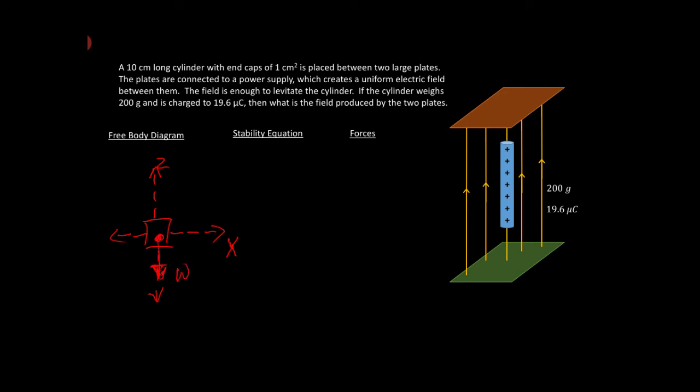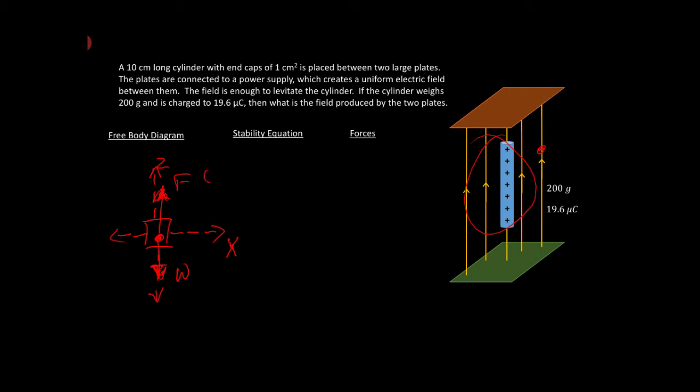Objects have weight. And on top of that, we have a positive charge in a field that's pointing upwards. So we have a force pointing upwards. A positive charge feels a force in the direction of the field, a negative charge in the opposite direction. So since this is a positive charge, the force is in the same direction as the field.